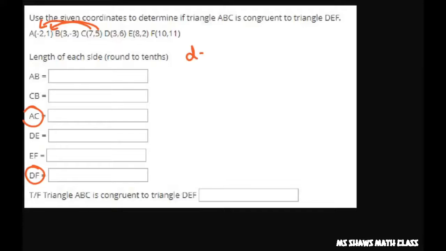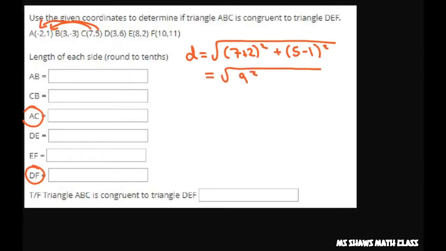So the distance equals the square root of 7 minus a negative 2, so that's plus 2, plus 5 minus 1 squared, which equals the square root of 9 squared plus 4 squared, which equals the square root of 81 plus 16, and that's going to be 97. So that's the square root of 97.